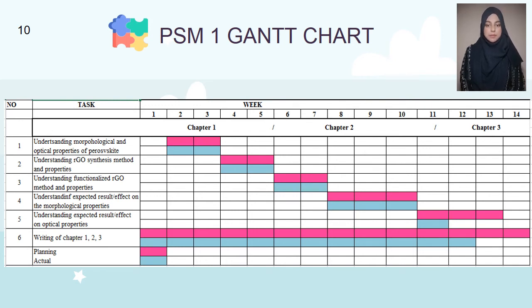Week 6 and week 7 are on understanding the functionalized reduced graphene oxide method, and the following 3 weeks from week 7 to week 10 are on understanding the expected results on the morphological properties, while the following 3 weeks from week 11 to week 13 are on understanding the expected results of the optical properties. The method applied in this understanding process is through journal paper and research paper reading.